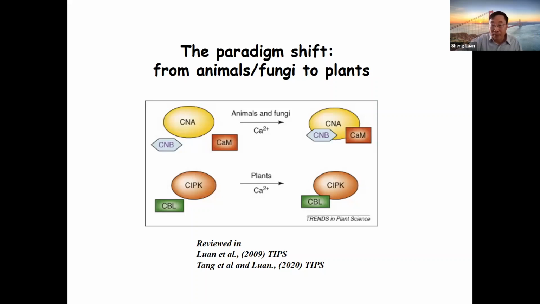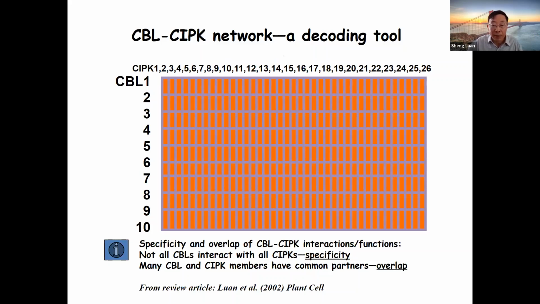So in plant, this area has actually been blooming quite well in the past 20 years after the discovery of the CBL-CIPK interaction network. In Arabidopsis, at least 10 CBLs and 26 CIPKs are encoded by the genome. Each CBL, we realize, usually interacts with multiple CIPKs, and each CIPK interacts with at least one, very often multiple CBLs.